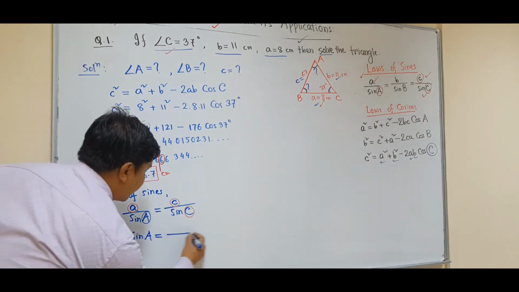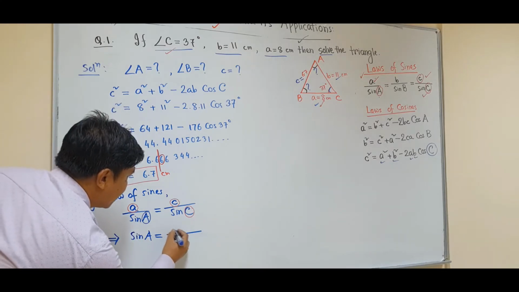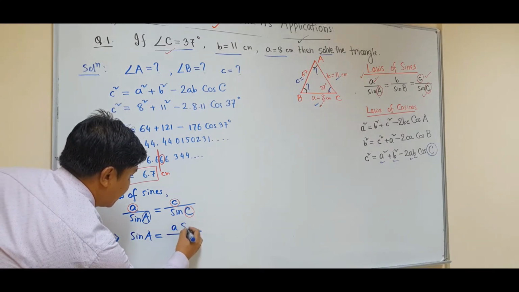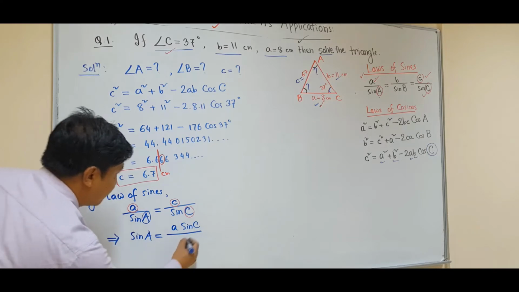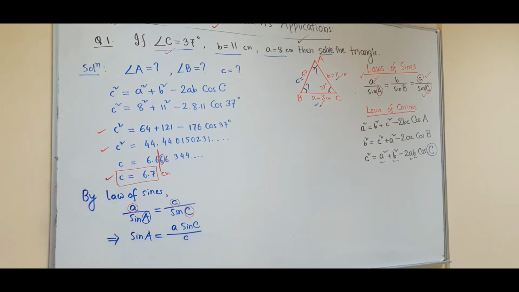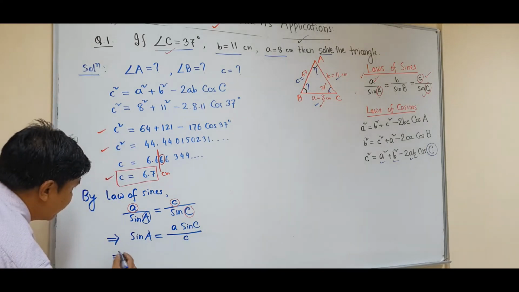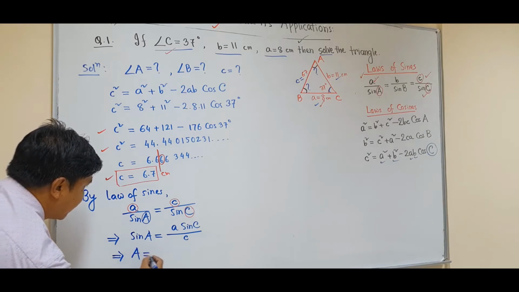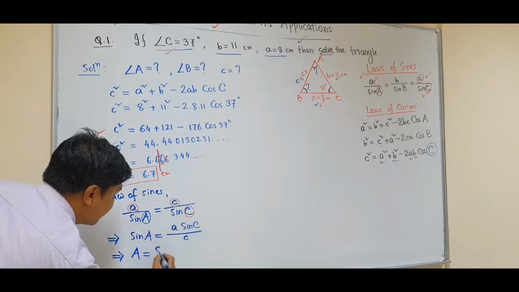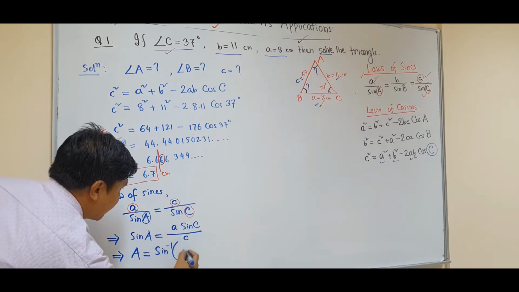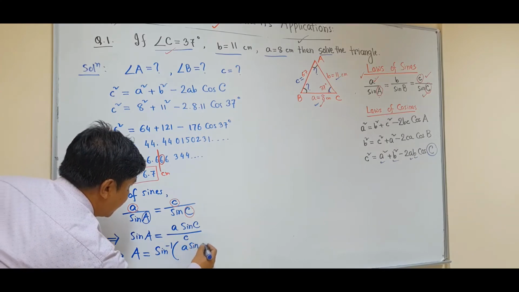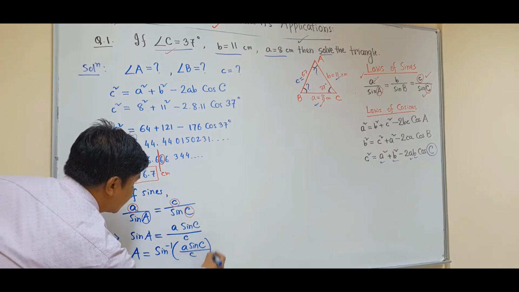We can write this one as A sine C by small c. So from this, what we can write? A is equal to, sine will go that side, so that will be sine inverse A sine C by small c.